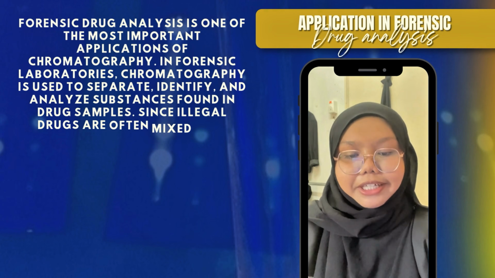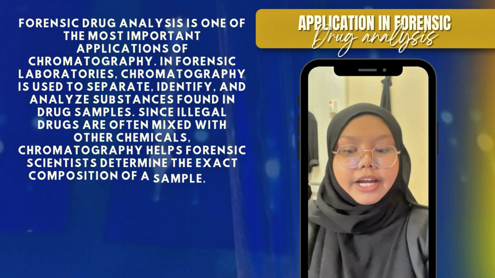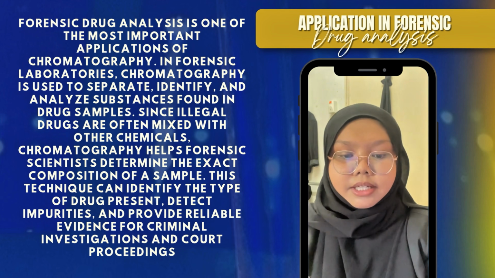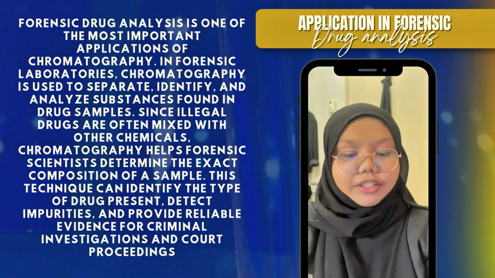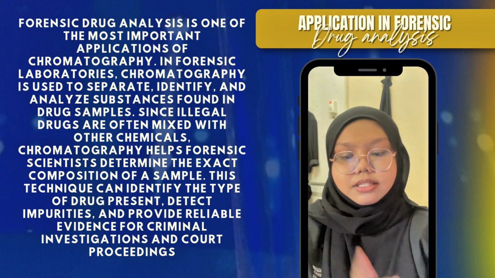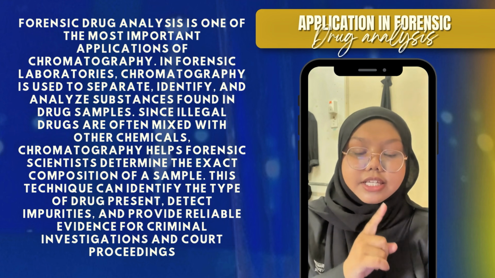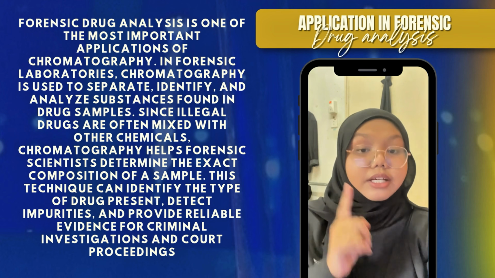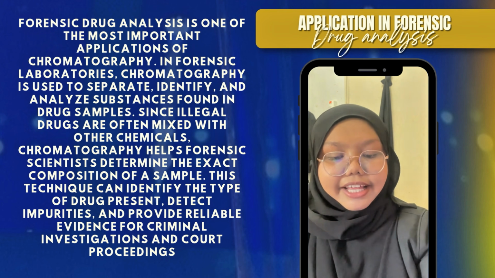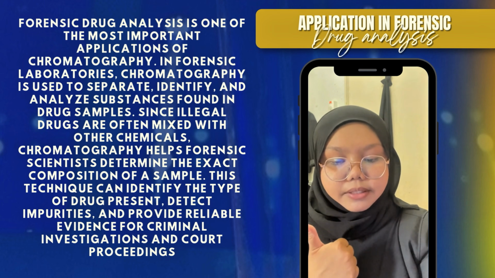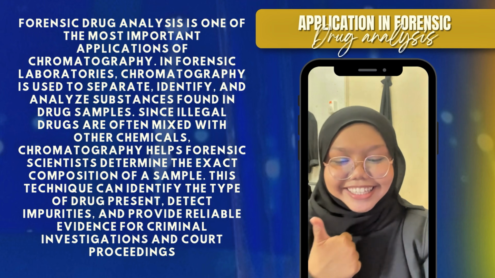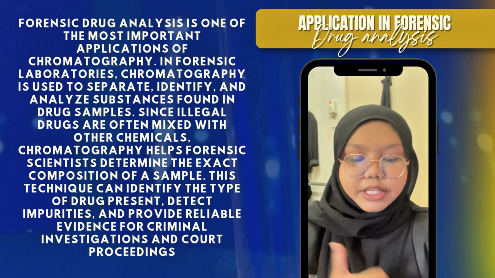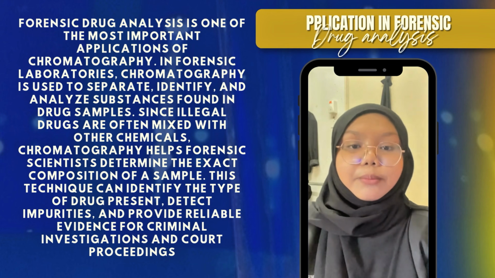In forensic laboratories, chromatography is used to separate, identify, and also analyze substances found in drug samples. Since illegal drugs are often mixed with other chemicals, chromatography helps forensic scientists to determine the exact composition of a sample. This technique can identify the type of drug present, detect impurities, and also provide reliable evidence for criminal investigation and court proceedings.